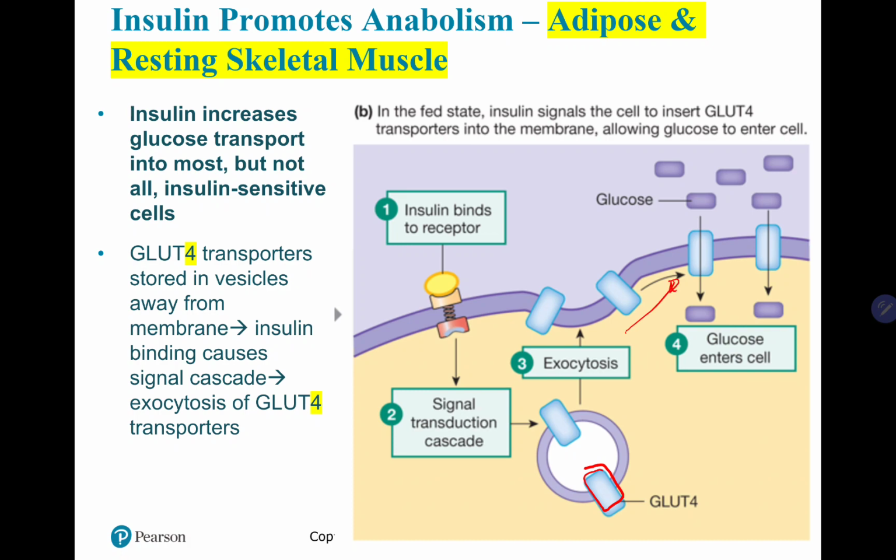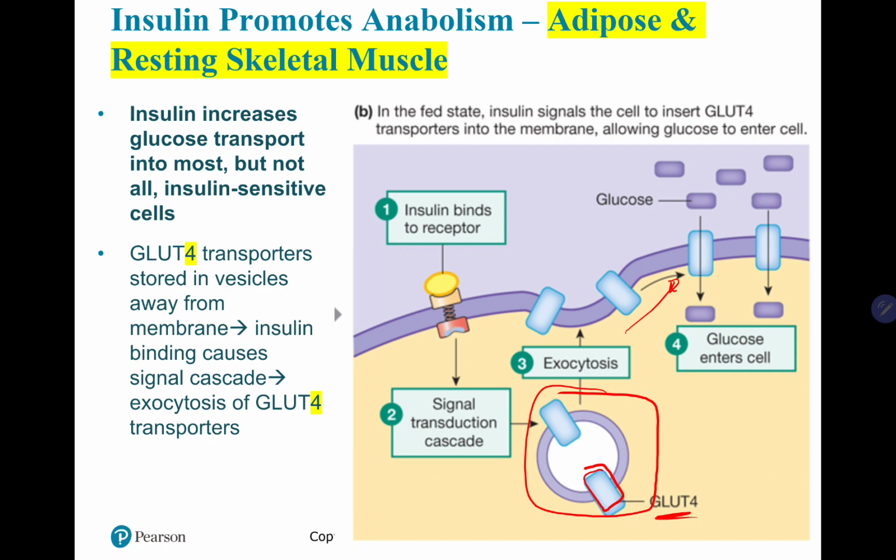Notice how insulin binds to its receptor on the cell membrane. It creates a signal transduction cascade that tells this vesicle to undergo exocytosis to put these GLUT4 transporters within the cell membrane. Remember, these GLUT transporters help to transport glucose.